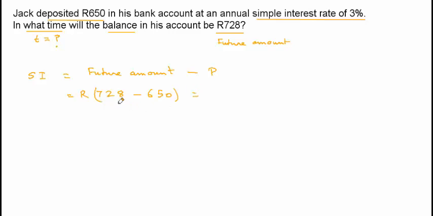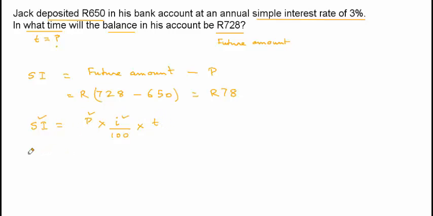So that is equal to 78 Rand. And we have the formula simple interest is equal to the initial amount deposited times the rate of interest expressed as a decimal times the time. This is given. We found out this one. This is given. And we need to find this.